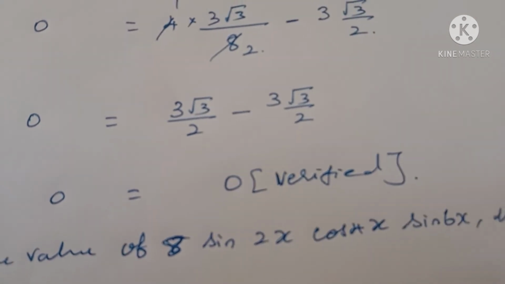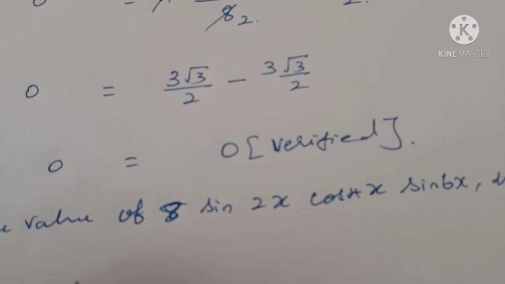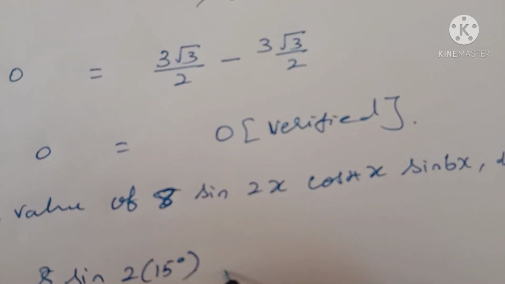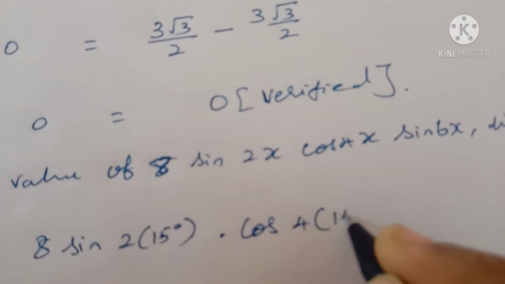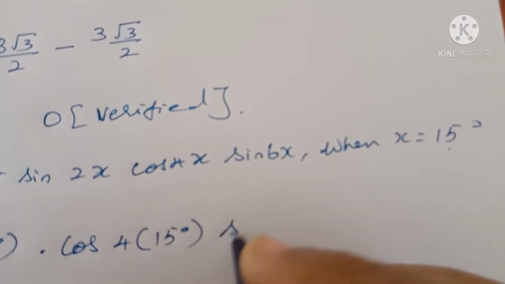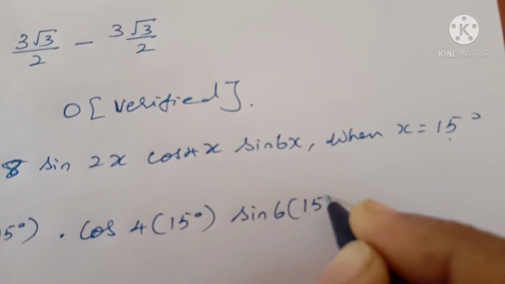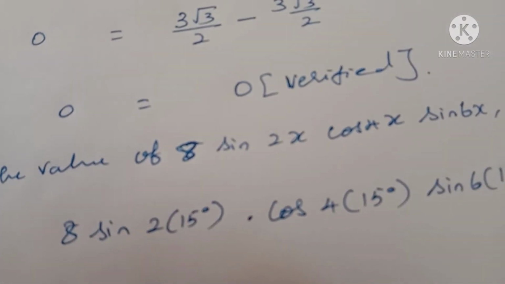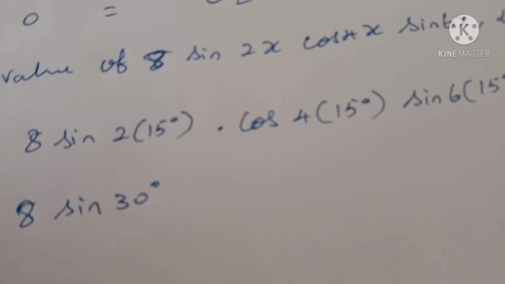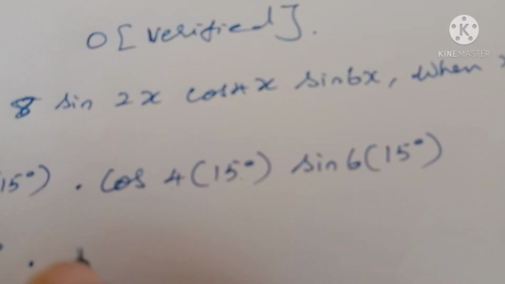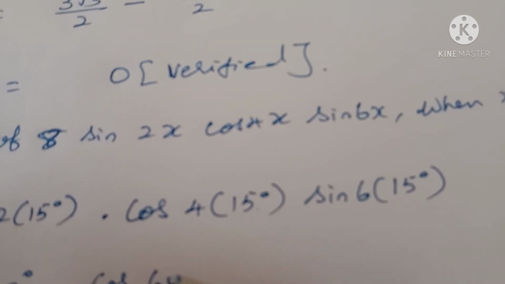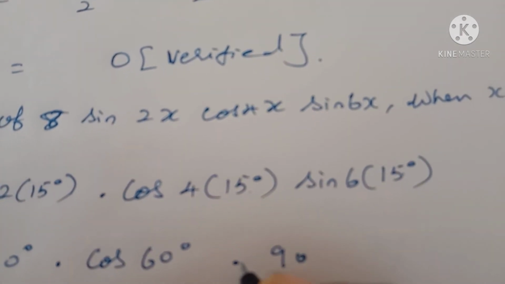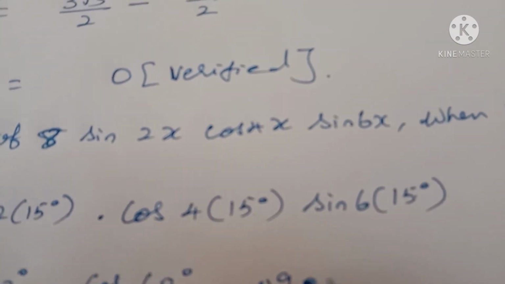So you have to substitute the value of 15 in the place of x. 8 sin 2 into 15 into cos 4 into 15 into sin 6 into 15. 2 15s are 30, 4 into 15 is 60, cos 60 degree, into 6 into 15 is 90, sin 90 degree.